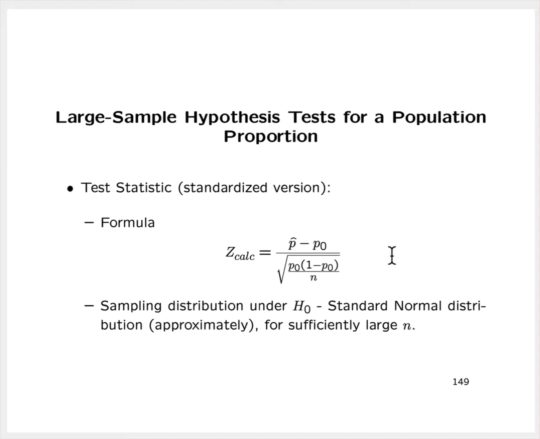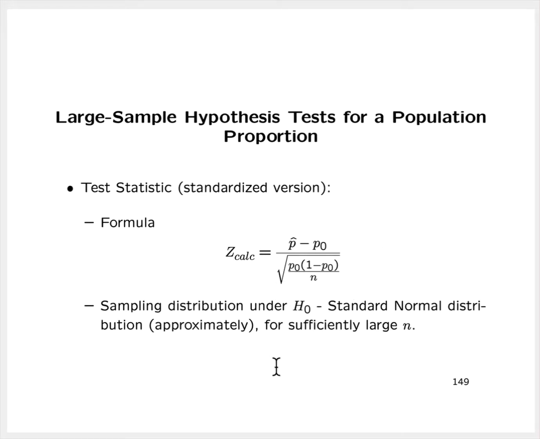So if we choose to use the standardized version of the test statistic, we'll call it zcalc, because under the conditions of the null hypothesis, that test statistic is approximately standard normal. And so again, we have here the formula for the standardized version.